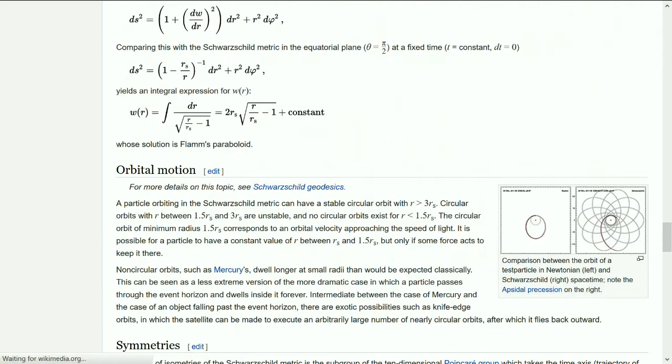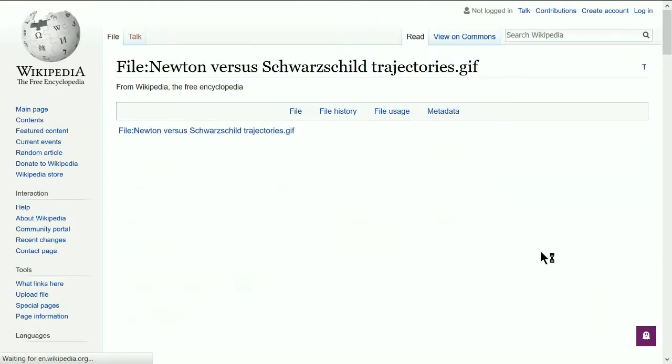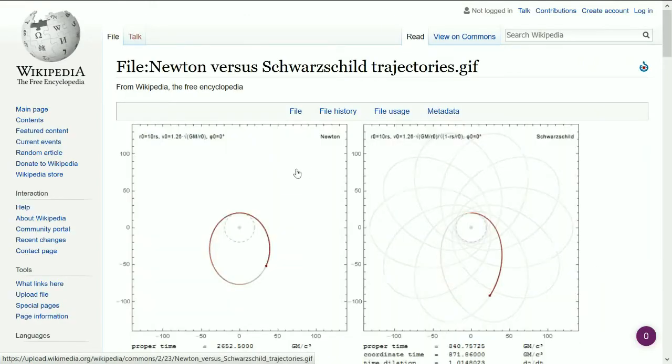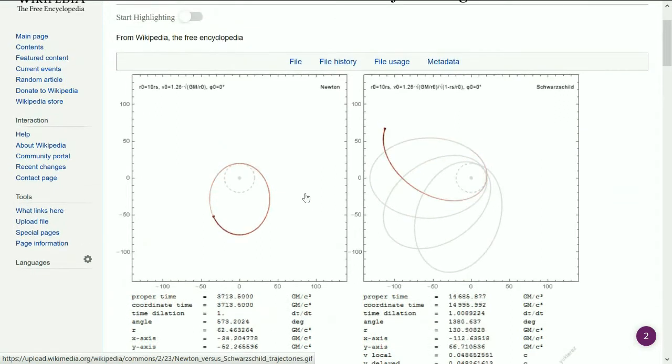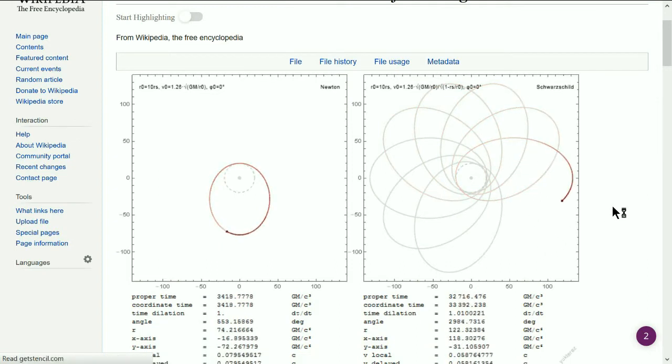But what is very interesting is this particular comparison. Okay, the comparison between the orbit of a particle is on the left, but look, this is the particle as it is swirling around the coordinates.